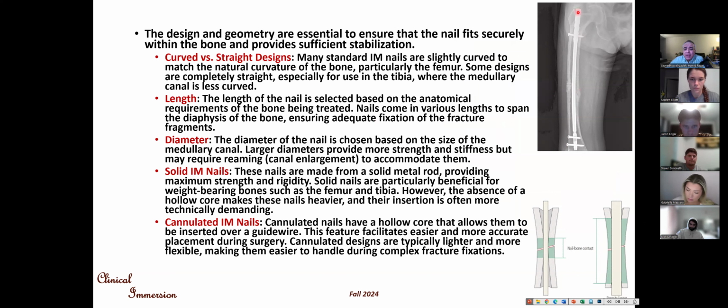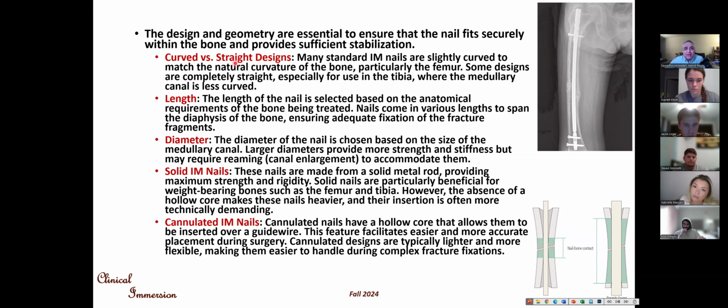You see, our bones are usually curved. They are not completely straight. Tibia, femur, and humerus have a slight curve along their length. So if we use a straight nail inside the medullary canal, we have some problems with aligning the fracture.